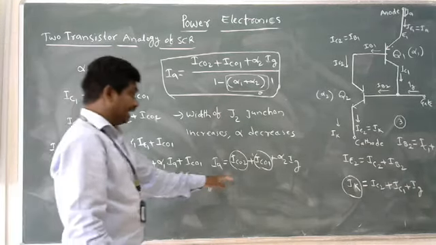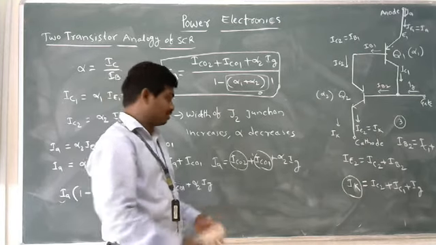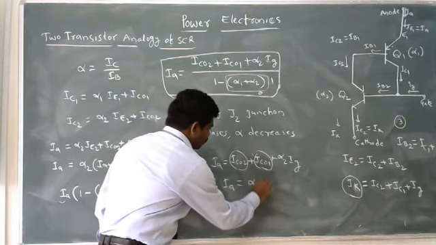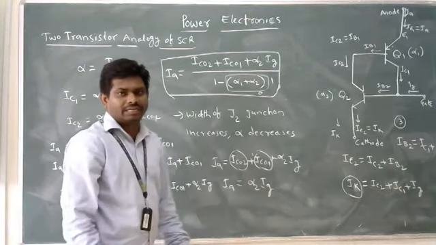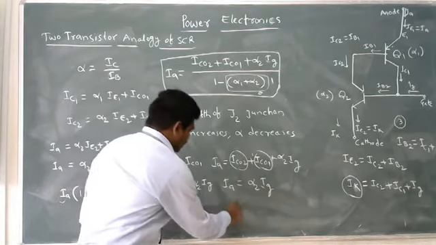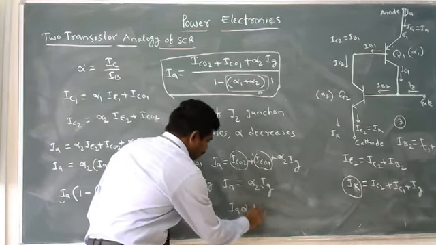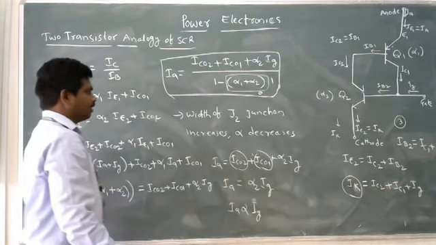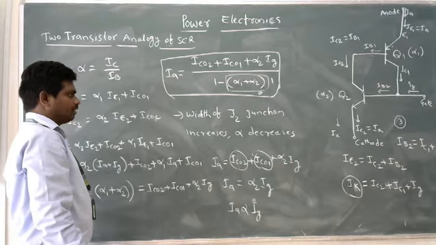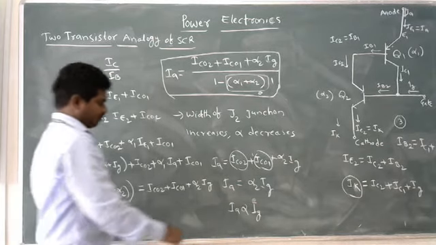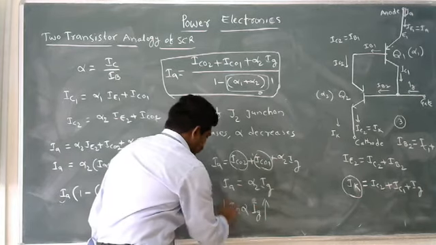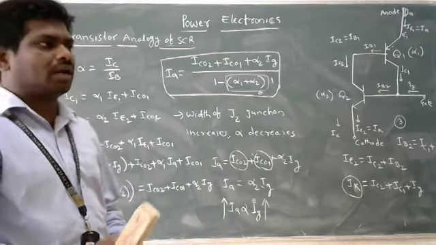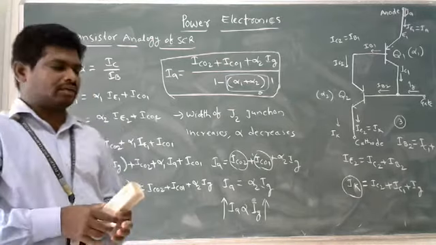Thereby, I am simply neglecting these values because they are leakage currents. So we have IA equal to alpha 2 Ig. I can say IA is directly proportional to Ig. If Ig increases, automatically Ia increases. Then the SCR comes to on state and allows the current to flow from anode to cathode.